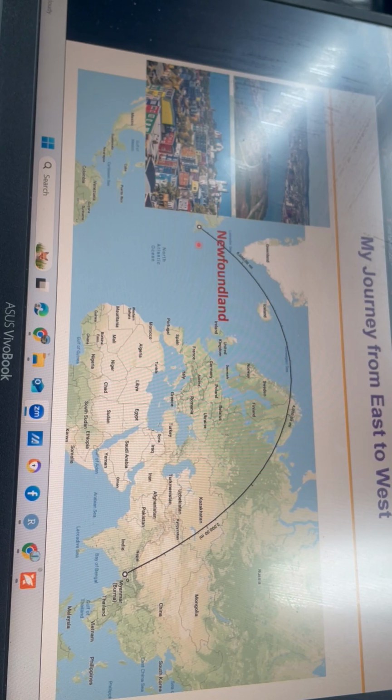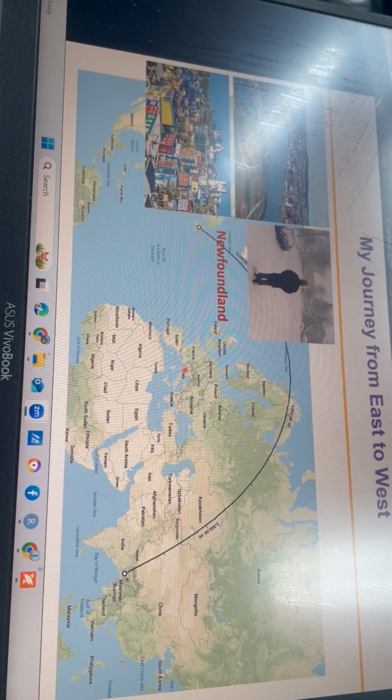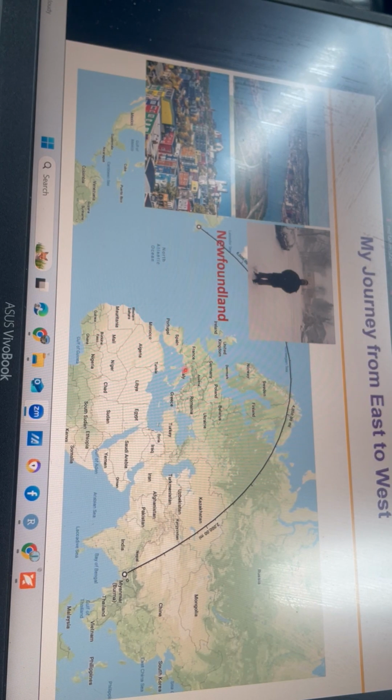They have a port city, St. John's, which is a very beautiful city, but the only problem in Canada is that you will get a lot of snow. Even in October, when fall just started, you will get snow. So this is my first snow in 2009 when I went there. This is, I think, early September or October.